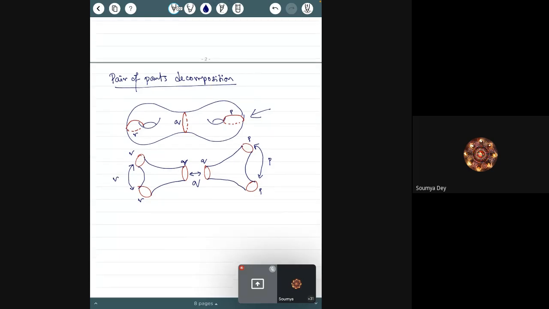So we are starting with a topological surface. We are considering a pair of pants decomposition. So basically we are choosing these red curves on our surface.